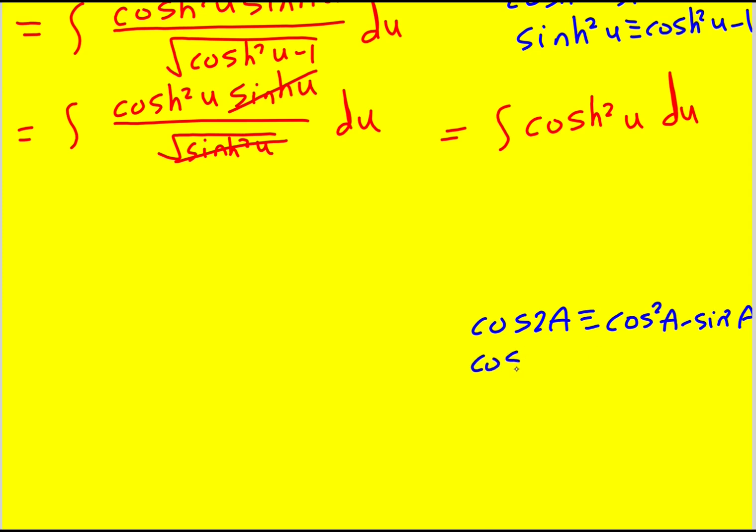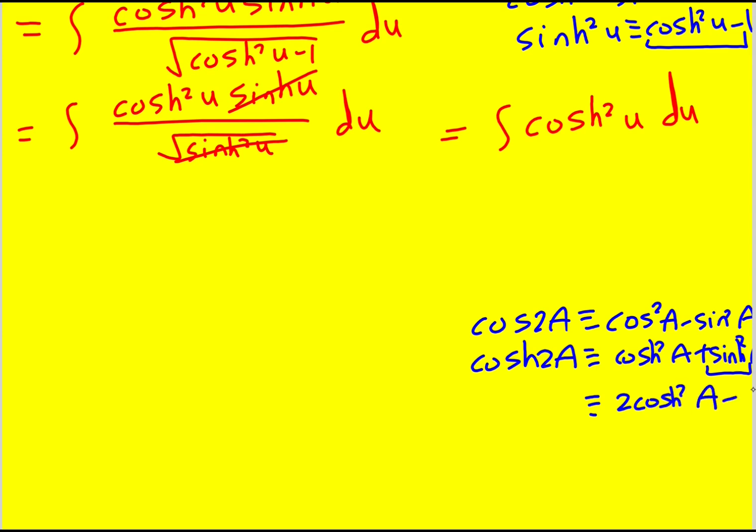But now bringing in Osborn's rule again, we're going to get cosh 2a is cosh squared a plus sinh squared a. And I want it all in terms of cosh. So now again, we can replace this sinh squared by cosh squared u minus 1. And I'm going to get my double angle formula just in terms of cosh. Cosh 2a equals 2 cosh squared a minus 1.